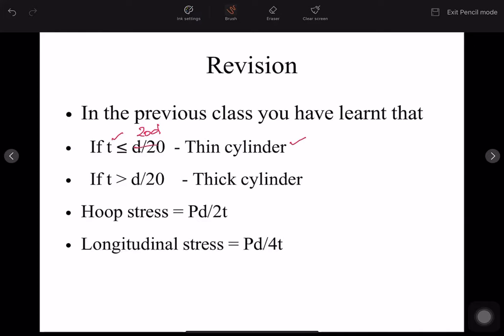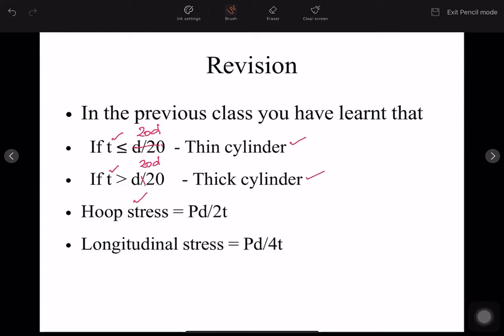And in the same manner, if t is greater than d by 20, that is diameter of the cylinder, it is known as a thick cylinder. And what we have studied in the previous class is what is meant by hoop stress and how we can calculate the hoop stress.